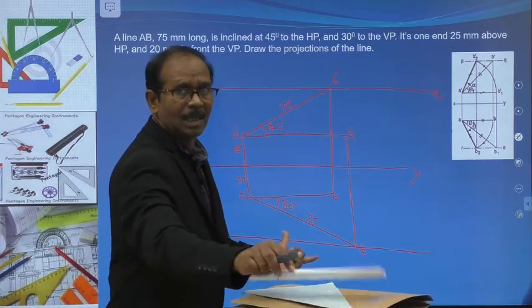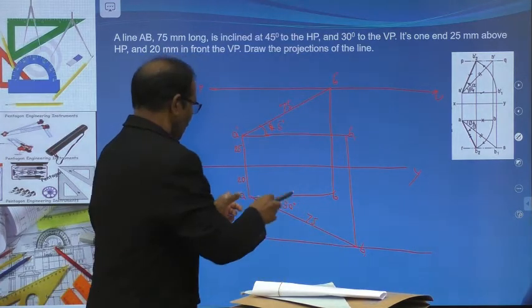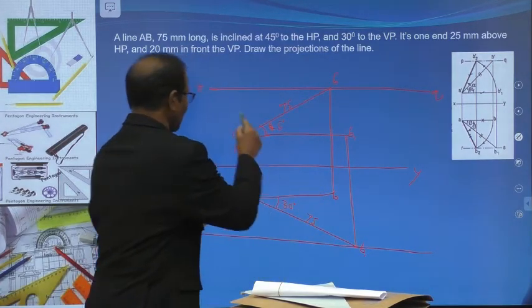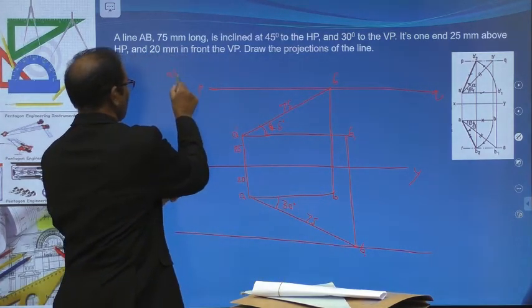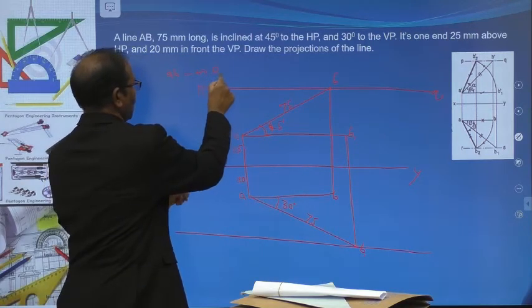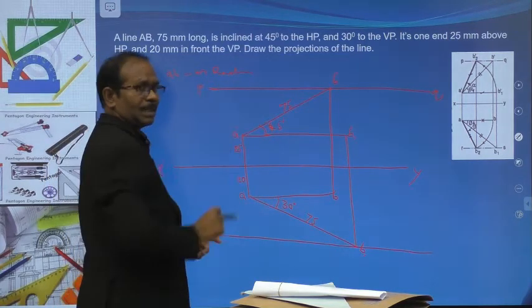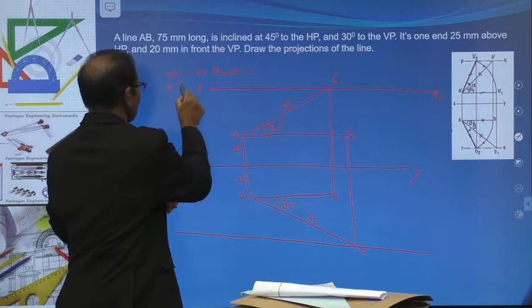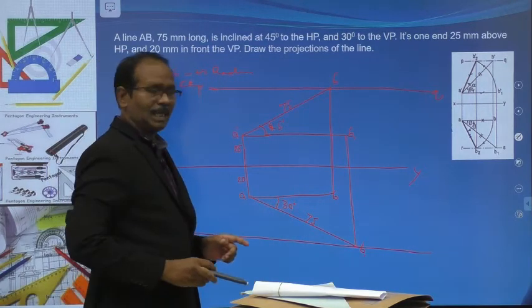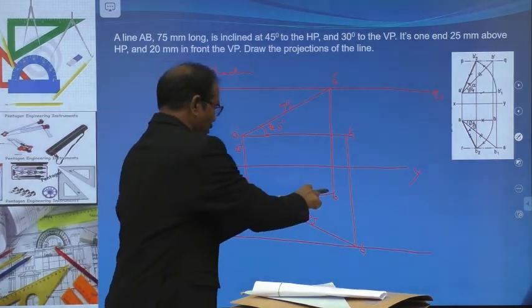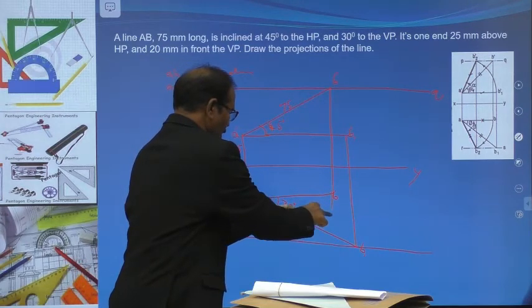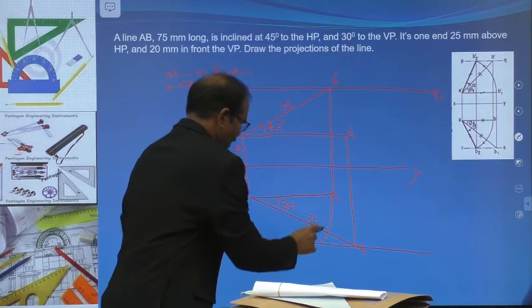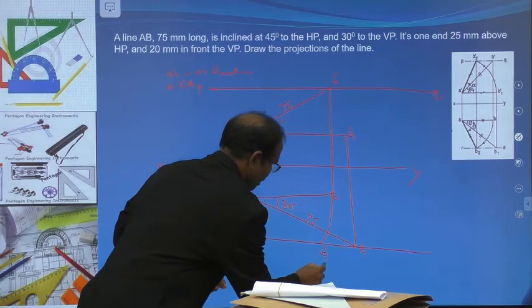Let's observe: with A as center and AB as radius, rotate. This is called B2.